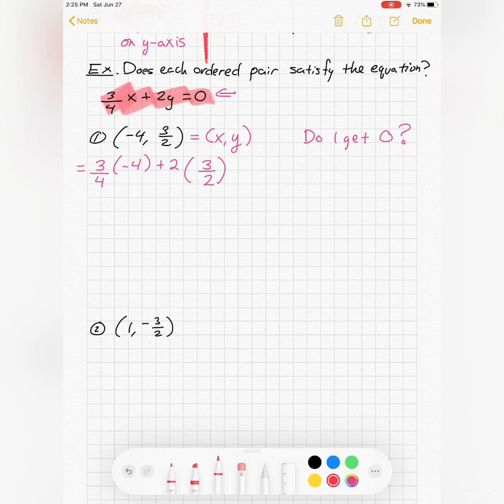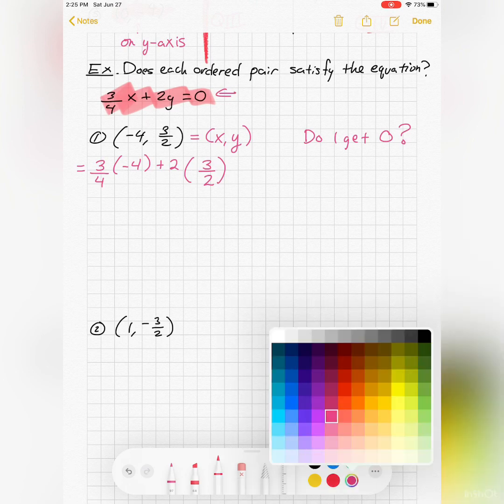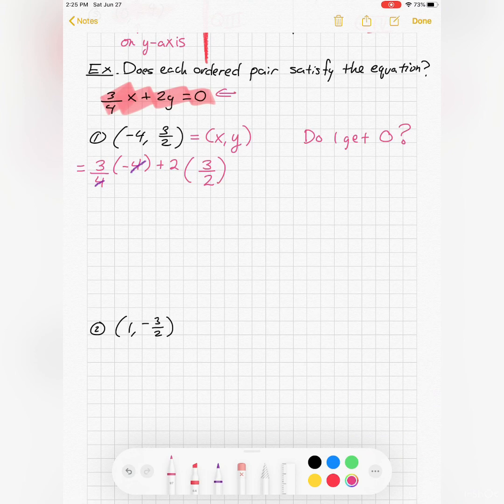So let's see. Well, I can cancel the 4 and the 4. First term would leave me a -3. Cancel the 2's, plus a 3. So I get a 0. Okay?